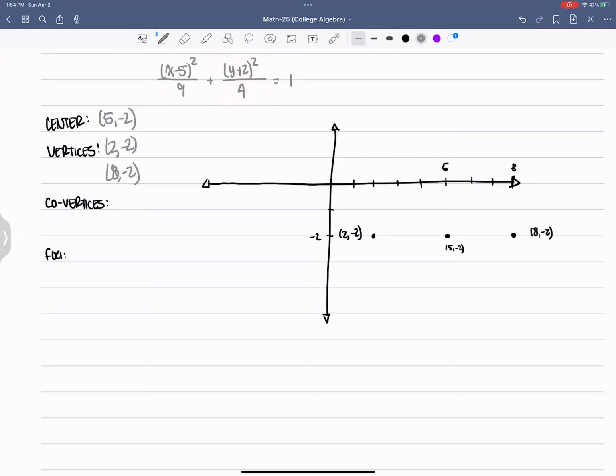So 2 units up, 1, 2, and down 1, 2. So here it's going to be (5, 0) and (5, negative 4). And from here we could start drawing the actual graph.